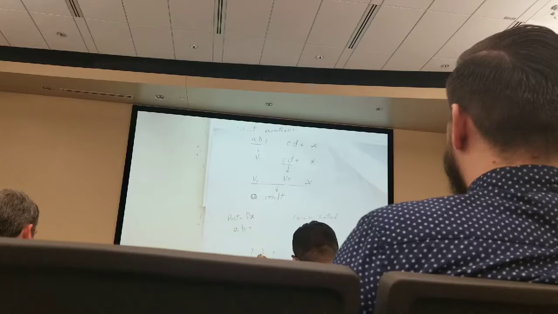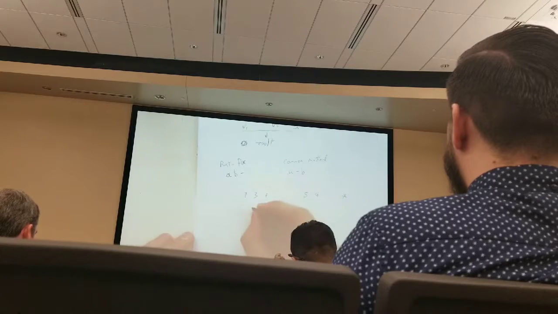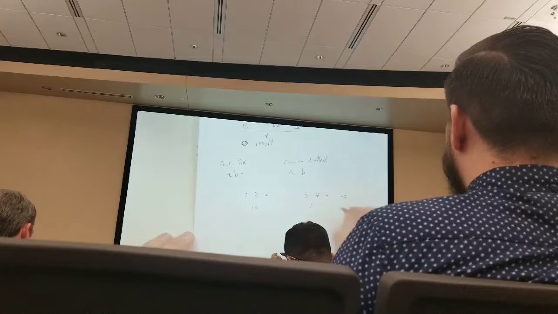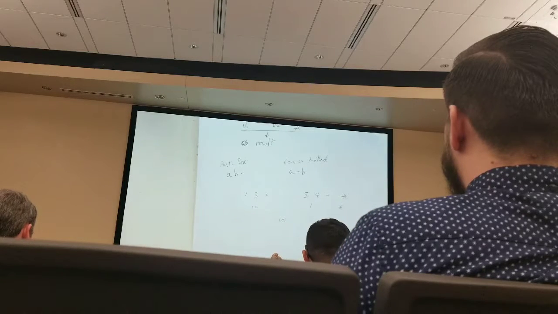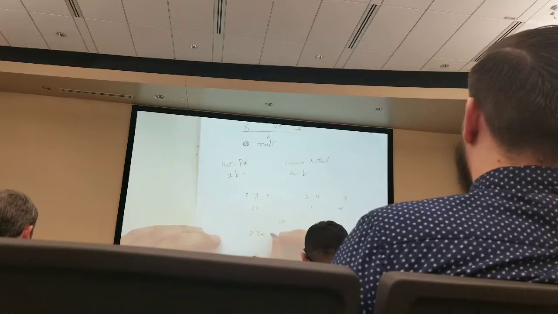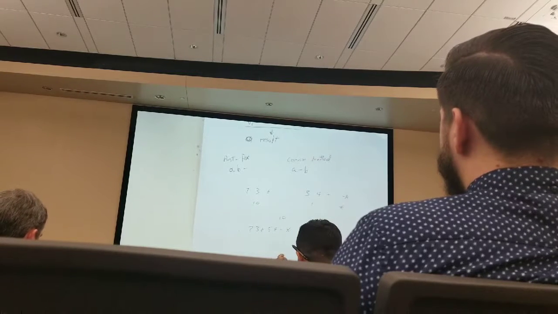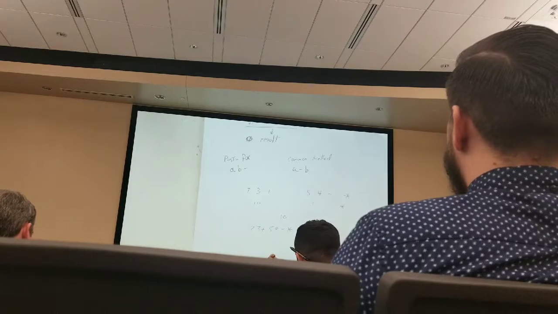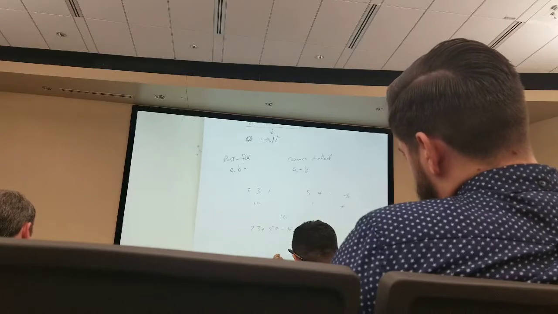So what should this end up being? 10. This is going to be 5 minus 4, so that should be 1. Then times these two together, it should be 10. So it should be 10 for the end. So it's going to be 7, 3 plus 5, 4 minus star. And again, this is only going to work because I'm not going to put any spaces, and I'm just doing single characters. So let's see if GCC works on this thing.